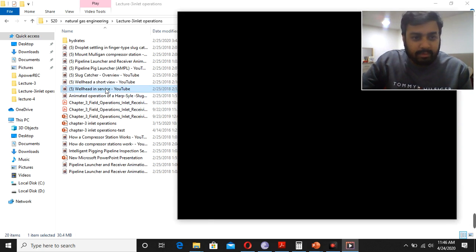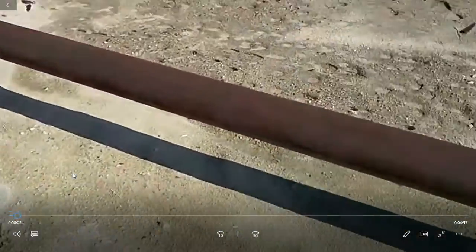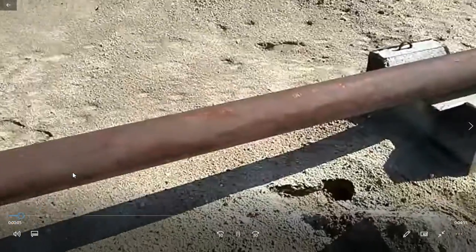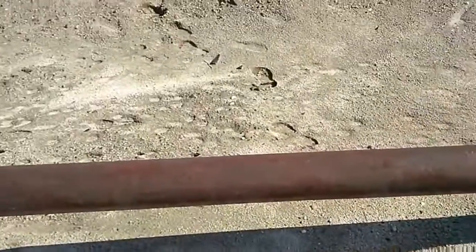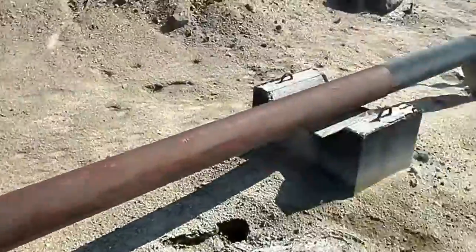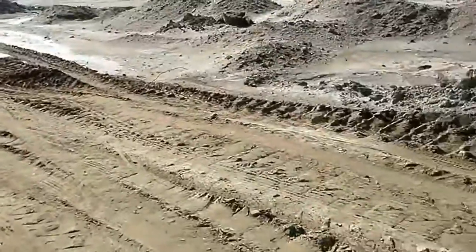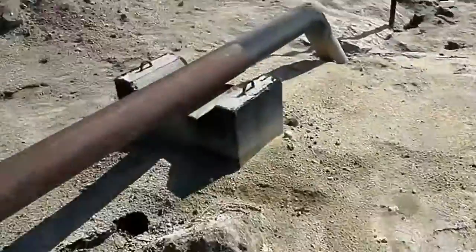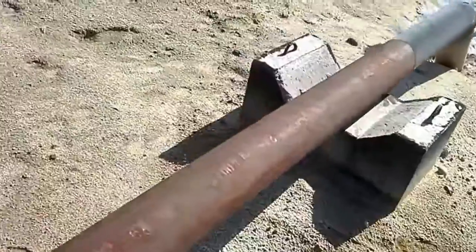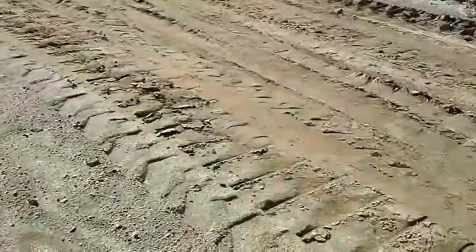Now let's look at some. Hello. Okay. Here we are. Rumaila oil field, Basra. This is another actually wellhead area that I decided to show you the criteria and different designs of wellheads.